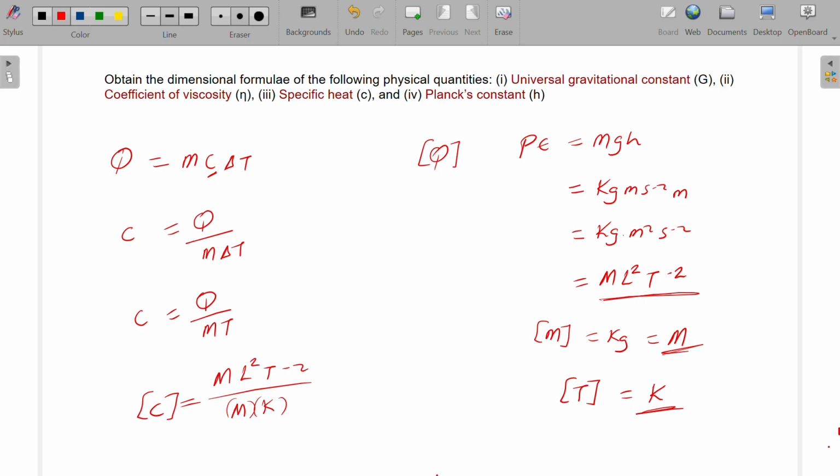When you look at what we have here, we have something that is common. This M on top will cancel with the M down here.